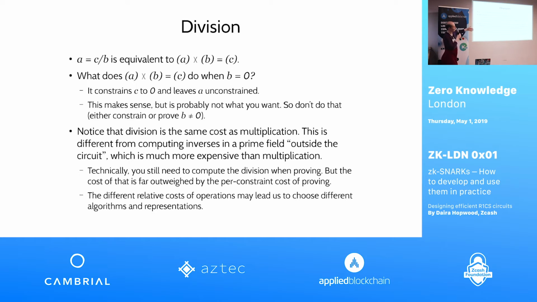But here, you don't need to do that. So you're changing some of the trade-offs that will have been used in other implementations of the cryptography you're using. So you might choose different representations of things or different algorithms in order to make use of that.